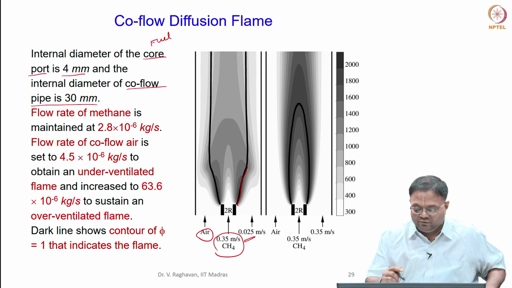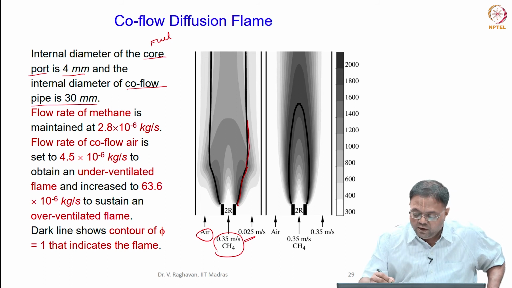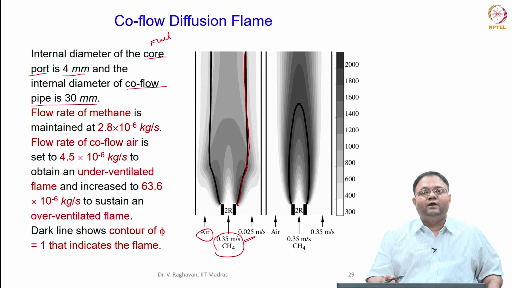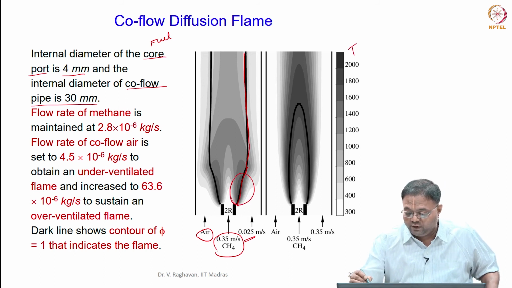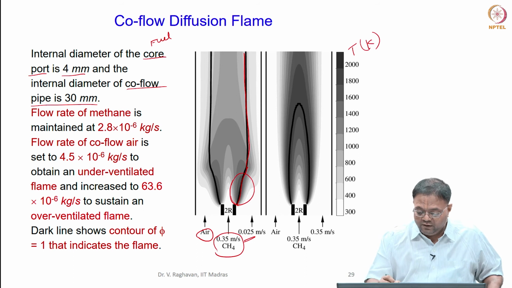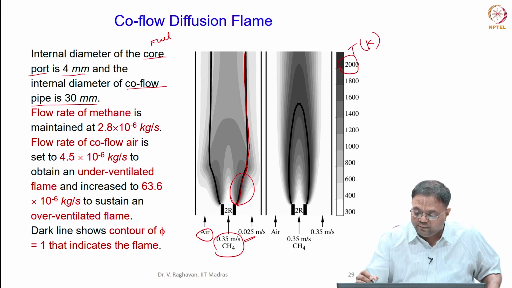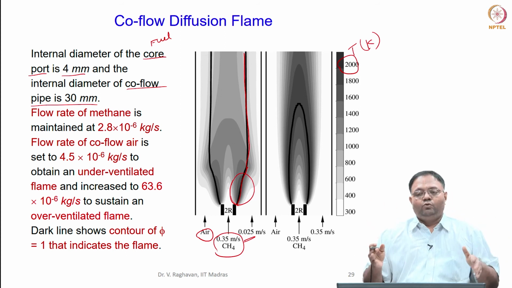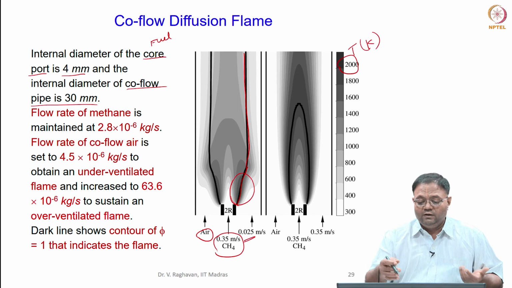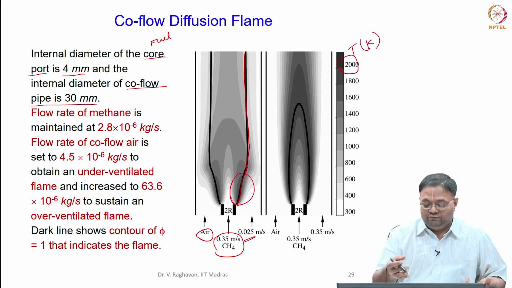And please understand that the stoichiometric line is still open. The air is not enough for the entire fuel to burn. Some combustion takes place in this zone. This is the temperature contour in Kelvin basically. You can see that the dark region is higher temperature where the flame zone is formed, and only after leaving the tube it may find enough oxidizer, but we may need to reignite the flame there.